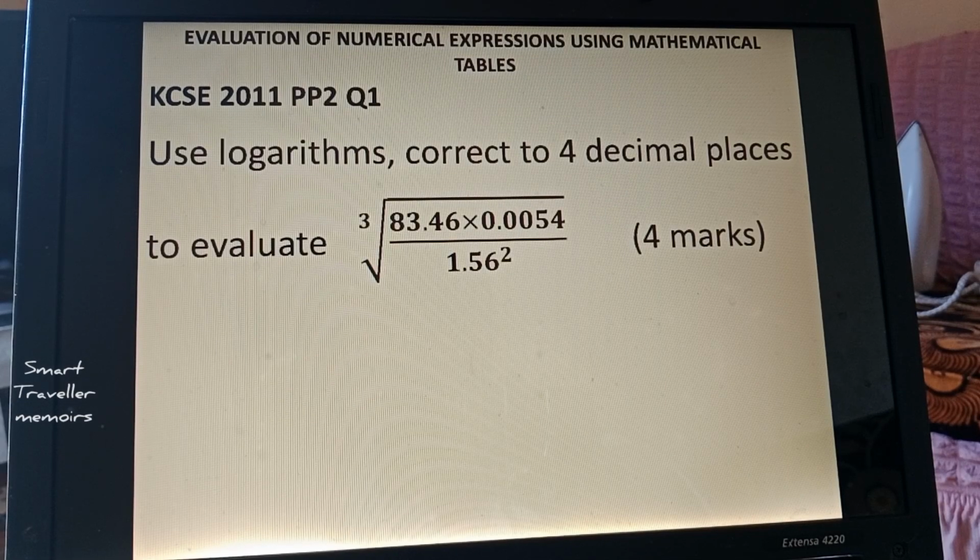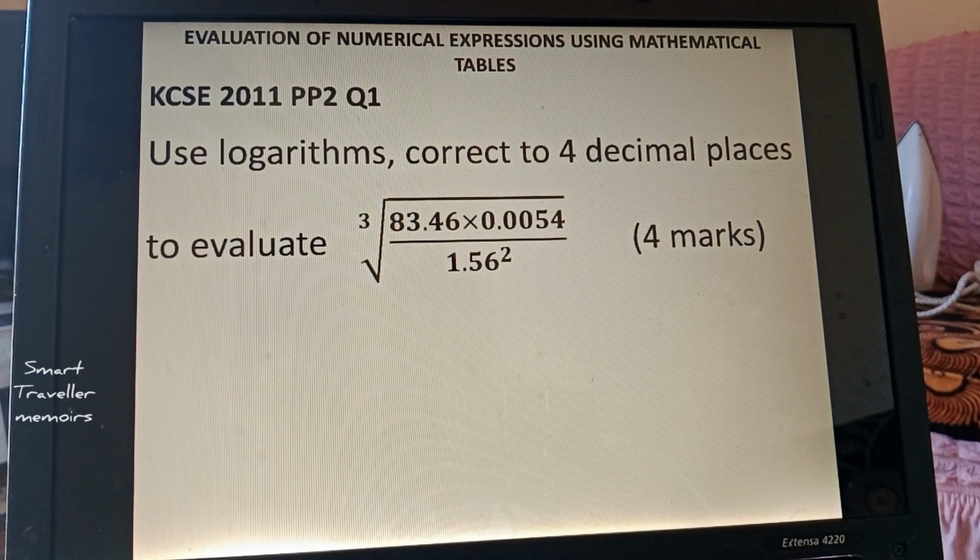Use logarithms correct to 4 decimal places to evaluate the cube root of 83.46 times 0.054 over 1.562, 4 marks. This was 2011, paper 2, question 1. You can see this question always occurs as question 1 in paper 2.